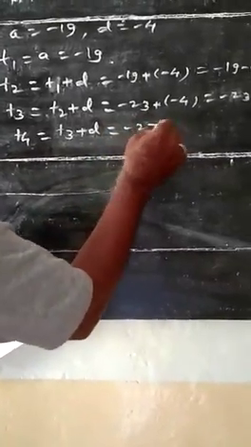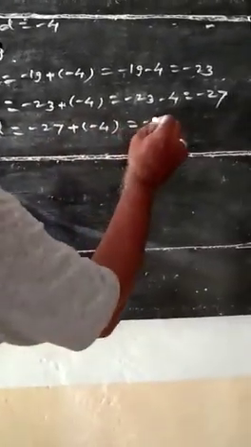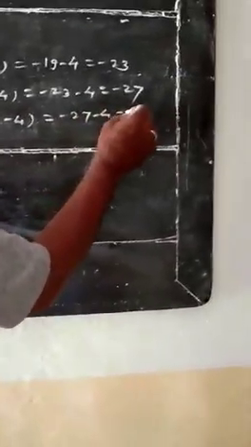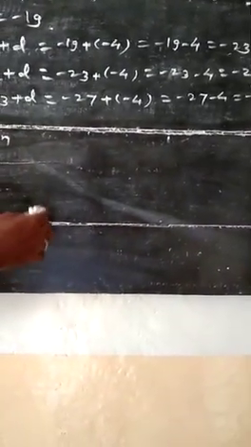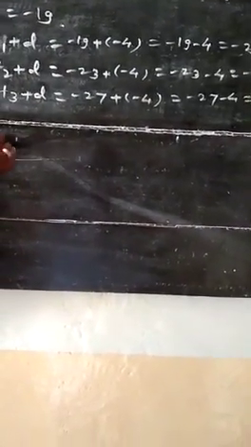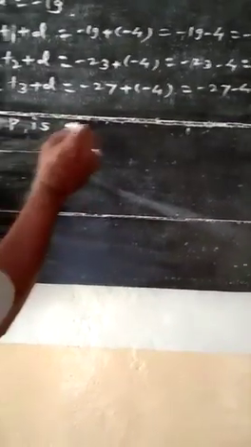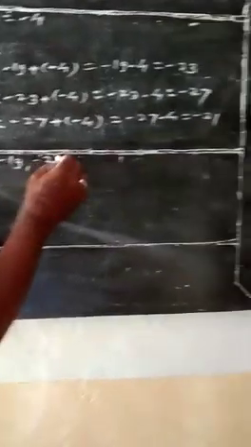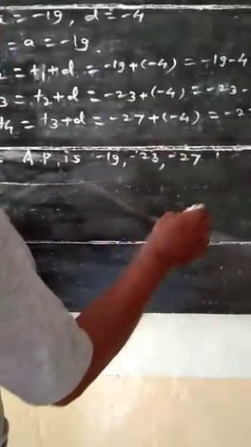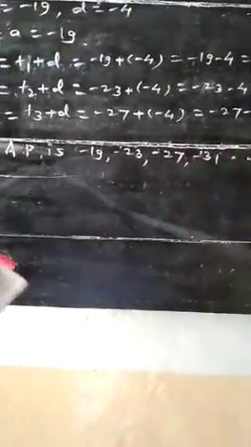Minus 27 plus of minus 4, minus 27 minus 4 is equal to minus 31. Therefore, the AP is minus 19, minus 23, minus 27, minus 31.